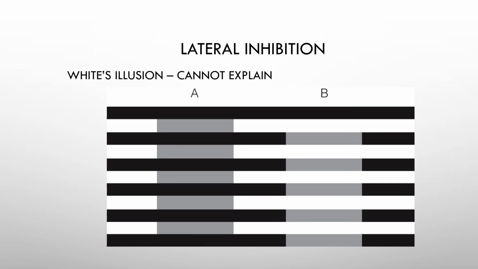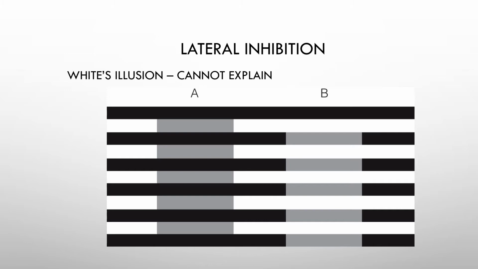So what's different about A and B is the context. A is mostly surrounded by those dark bands, right? Which would mean, with lateral inhibition, A would be lighter. And that's not what happens.